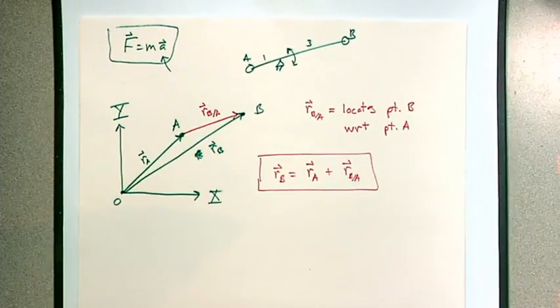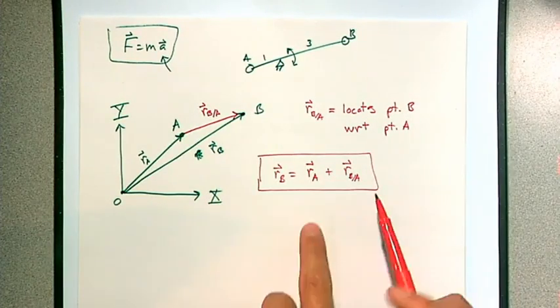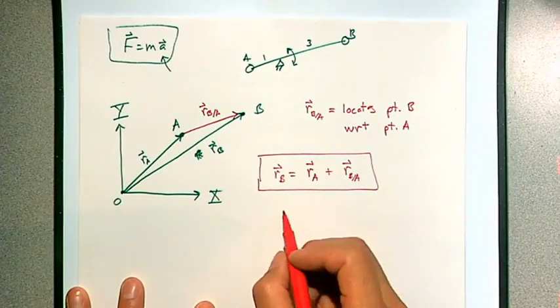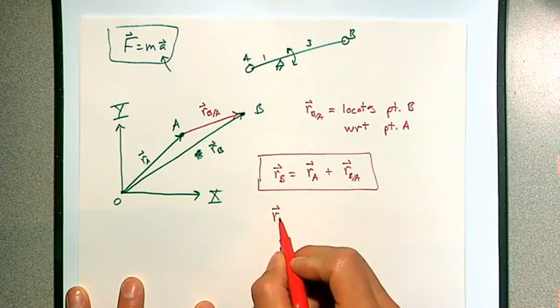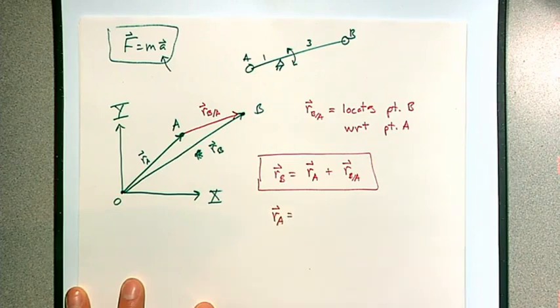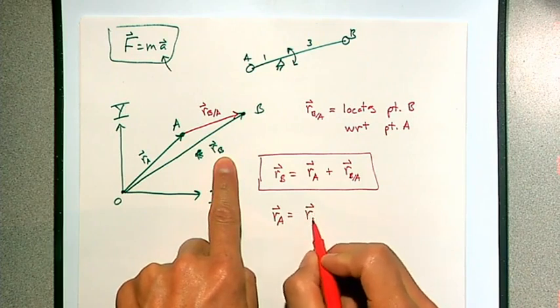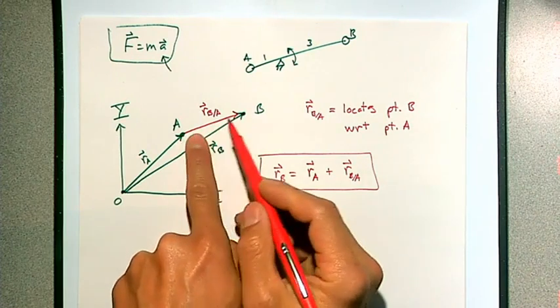So this is going to be our relative position equation. One thing is that you can swap this around and write it the other way as well. You could say, hey, what's my position of A? Well, that's going to be R_B minus this guy.